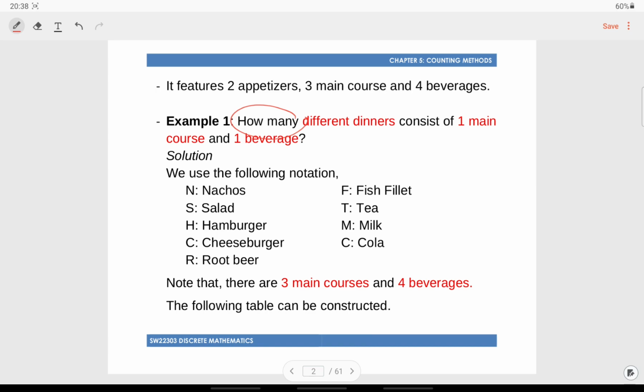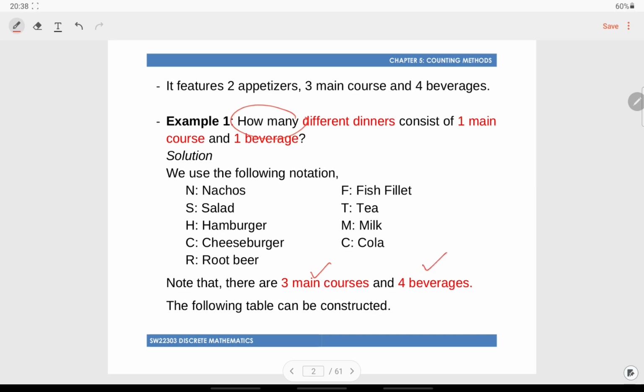Note that there are three main courses and four beverages, and the question asks in how many ways we can have different dinners consisting of one main course and one beverage.